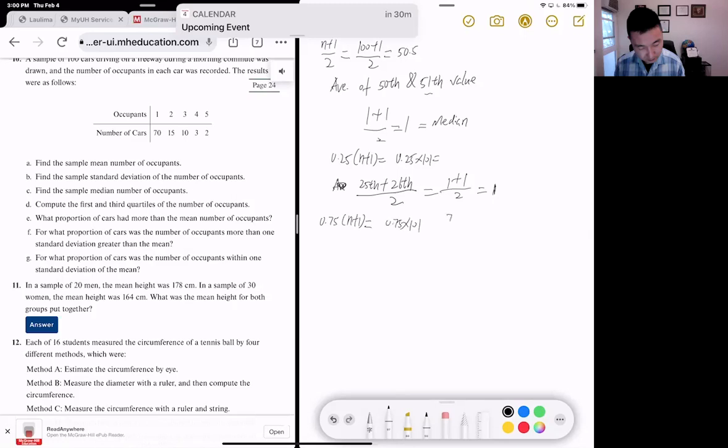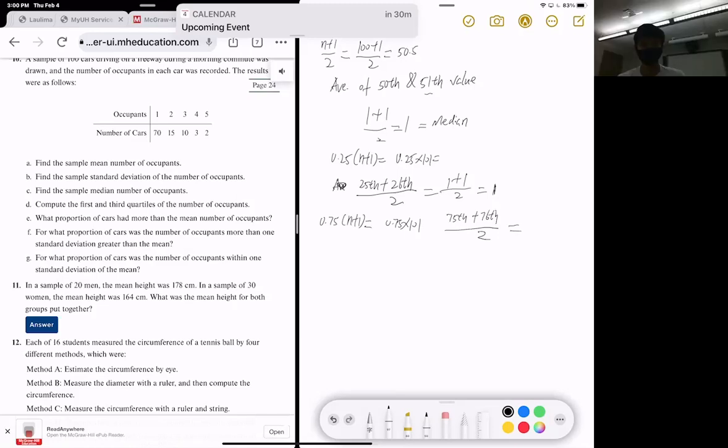So the average of the 75th and 76th. What is the 75th value? It's 2.